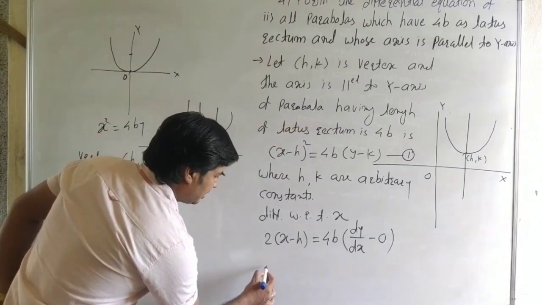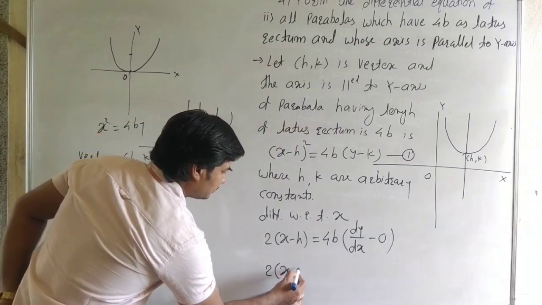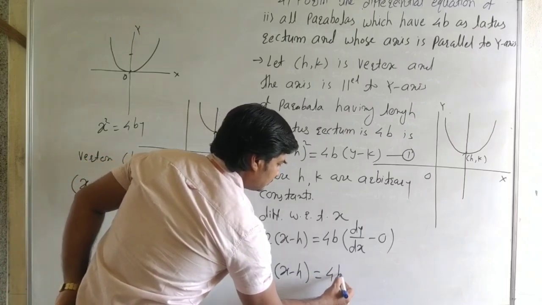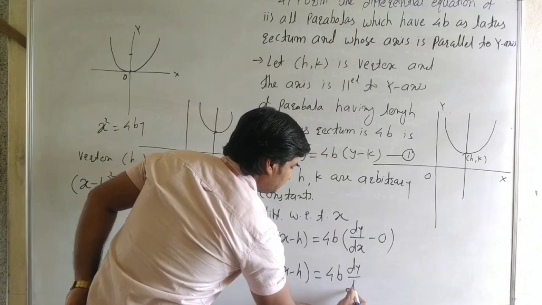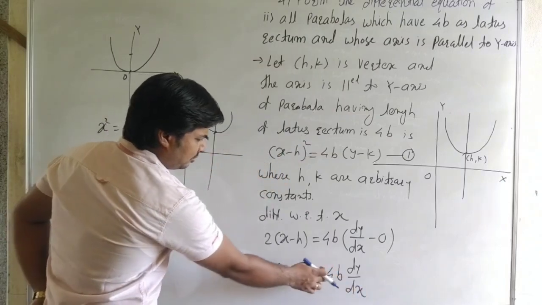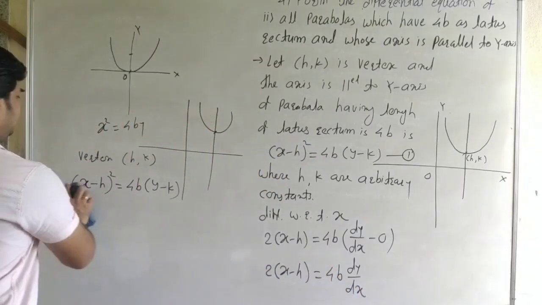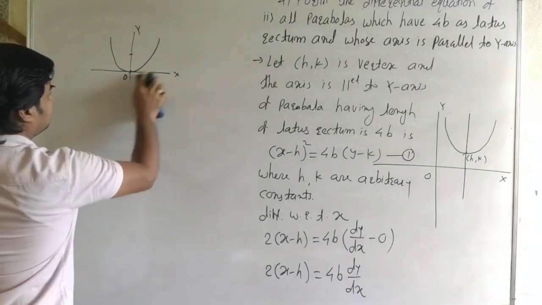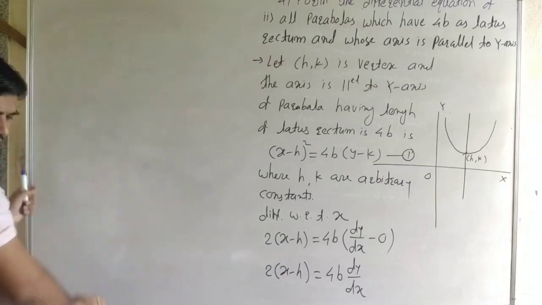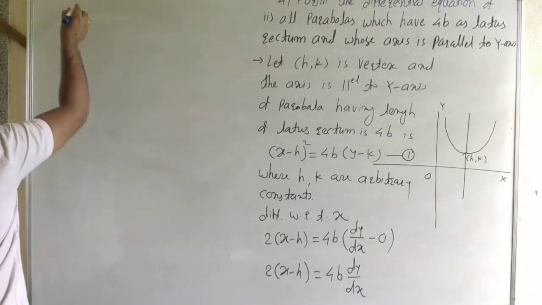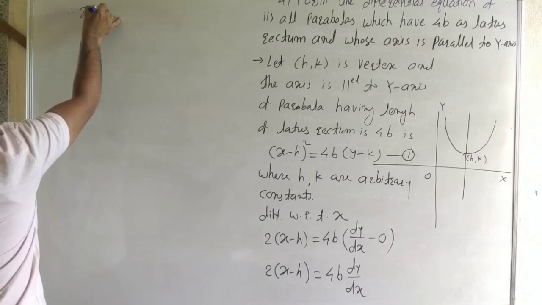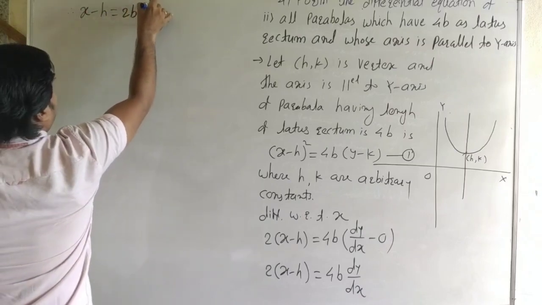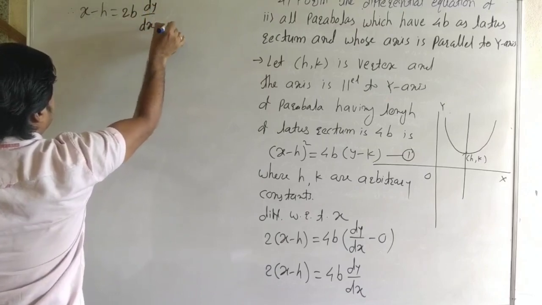Therefore this can be written as 2(x minus h) is equal to 4b dy by dx. Now the 2 gets cancelled, and we get the equation x minus h is equal to 2b dy by dx.